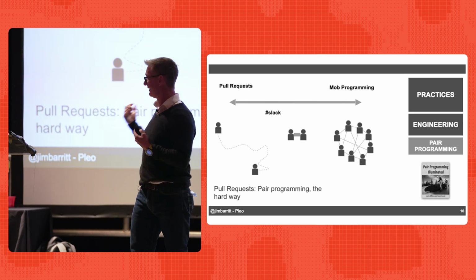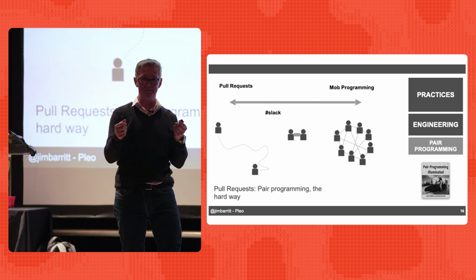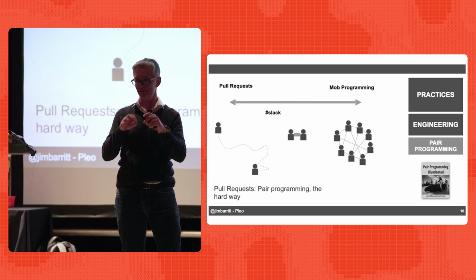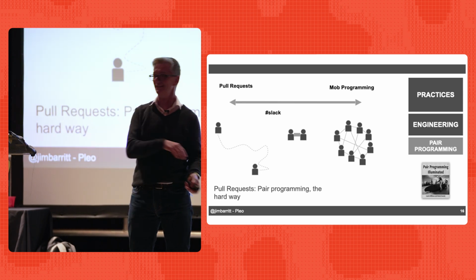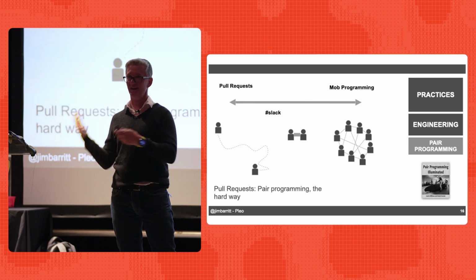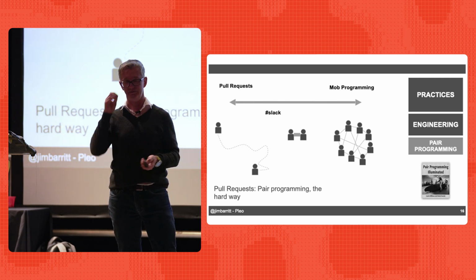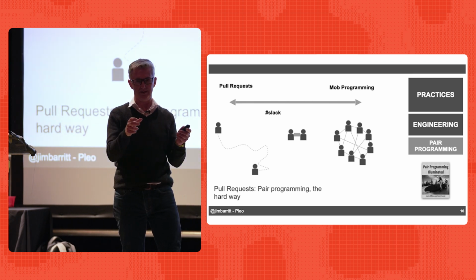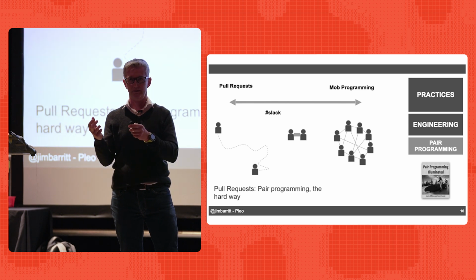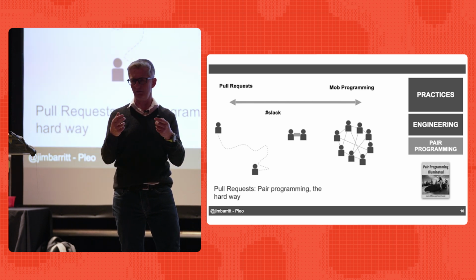I'm jokingly thinking, well, a pull request is a bit like pair programming, but the hard way, right? I write something and then I send it to somebody, and then you get a bit of feedback and you go back and forth, and maybe they're there, maybe they're not. It can work if you're disciplined about it, but it's a little bit like doing pair programming the hard way. And even just interacting on Slack.